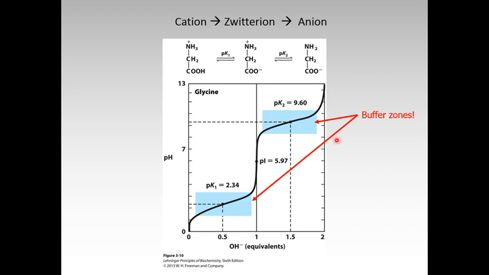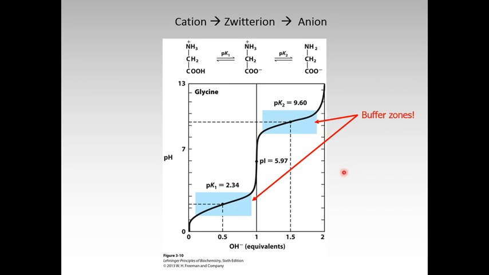Now, from the titration curve of glycine, several important pieces of information can be obtained. First, it gives a quantitative measure of the pKa of each of the two ionizing groups: the pKa of the carboxylic acid, which is 2.34, and the pKa of the amino group, which is 9.60.